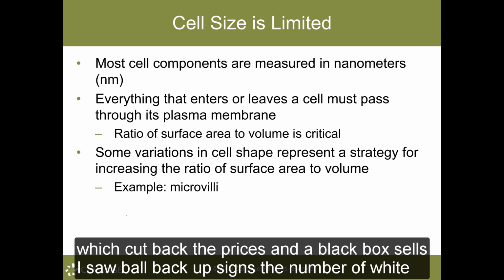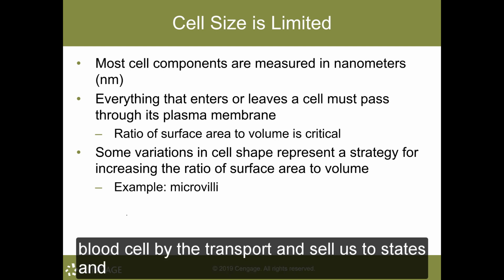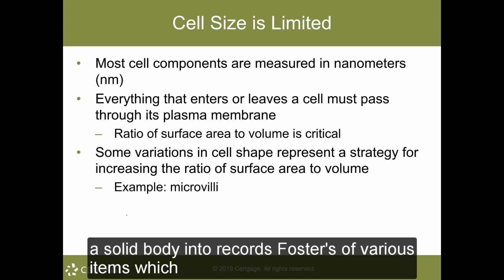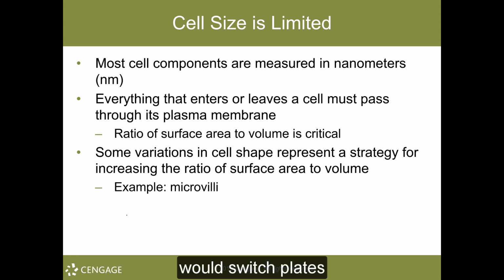So above that critical size, the number of molecules required by the cell could not be transported into the cell fast enough to sustain its needs. In addition, the cell would not be able to regulate its concentration of various ions efficiently to export its waste.